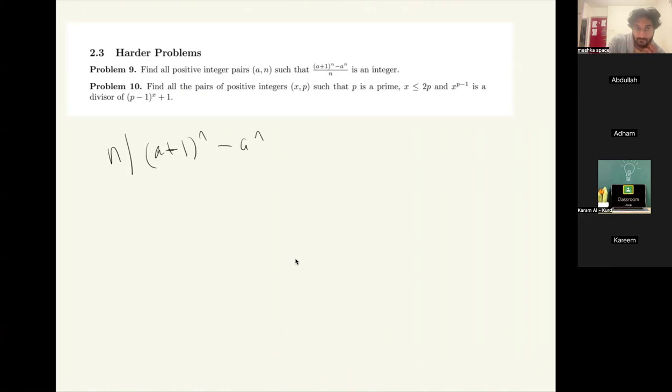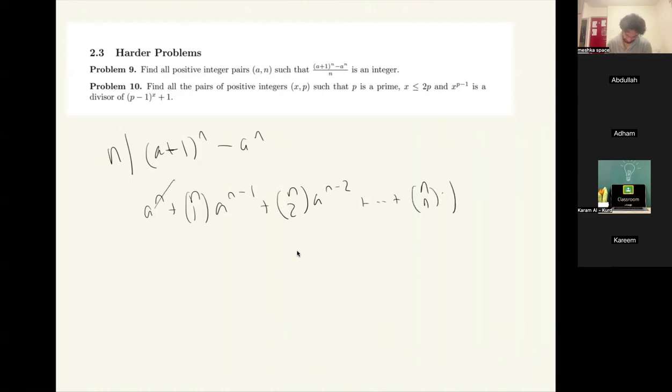Maybe we can start by reducing it a bit. Using the binomial expansion, we can get rid of a to the power of n, and also we know that at least two terms will have n as part of the constant. So we can do it like this, and this one goes away, right?